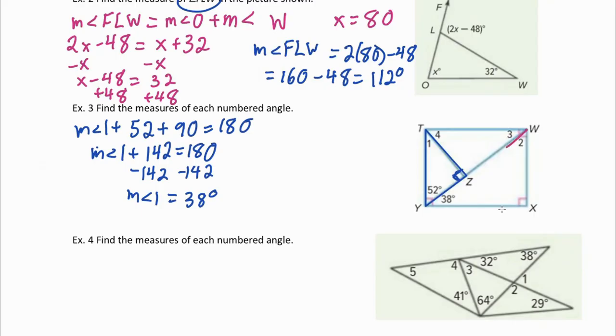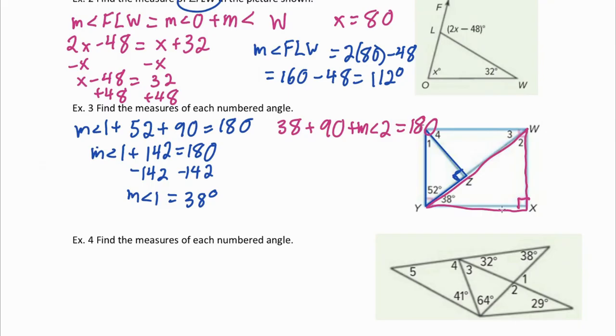So we have this one, because I can use that to get the measure of angle 2, right? I can say that, okay, this is another triangle, so I can say that 38 plus 90, because again I have another right angle here, plus the measure of angle 2 is going to equal 180.